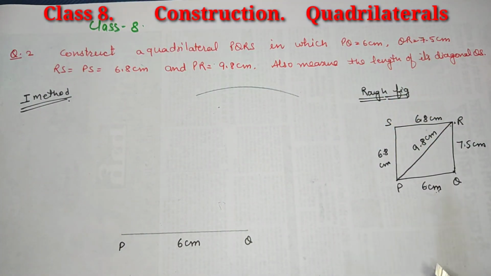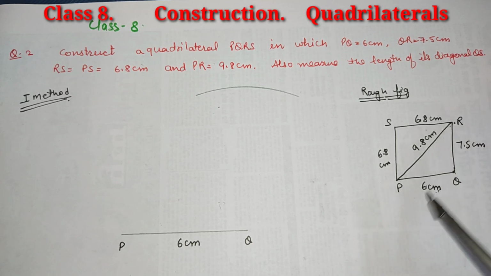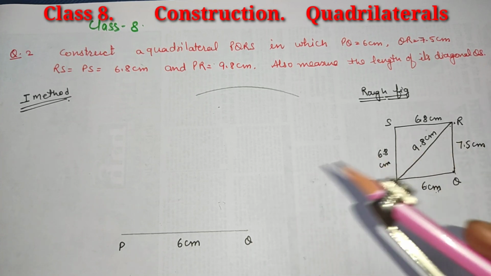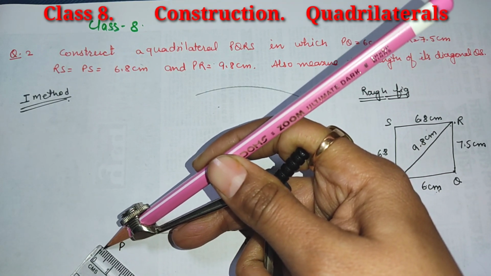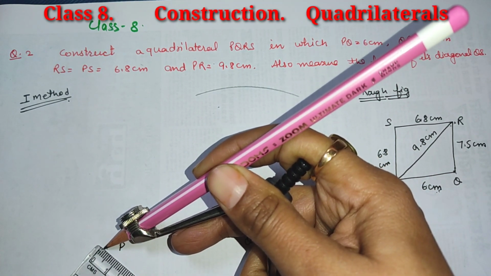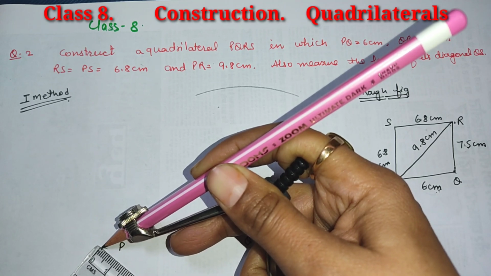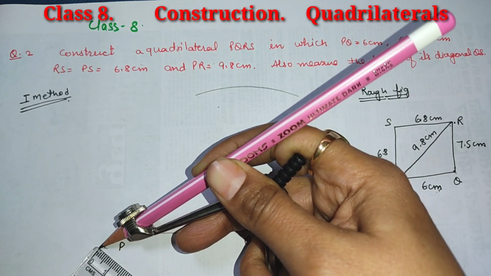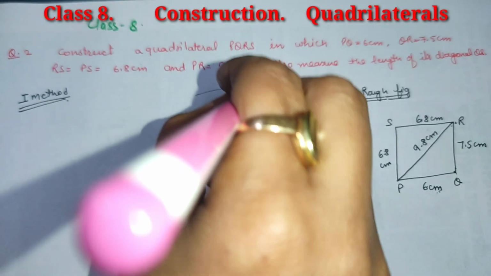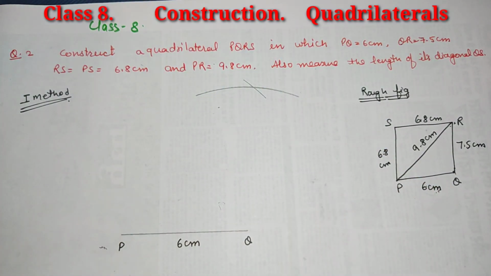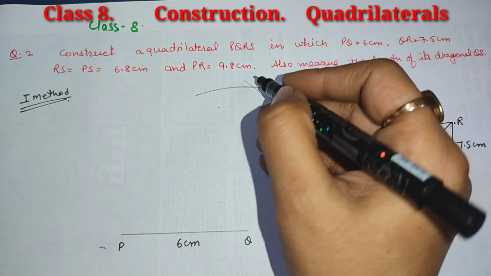Afterward, P and R. PR is your 9.8. Again, we'll take PR 9.8. Cut this way, two arcs at a point where both arcs cut each other.